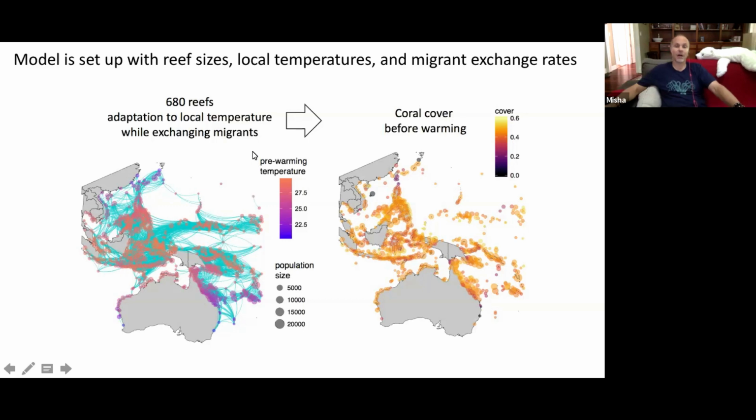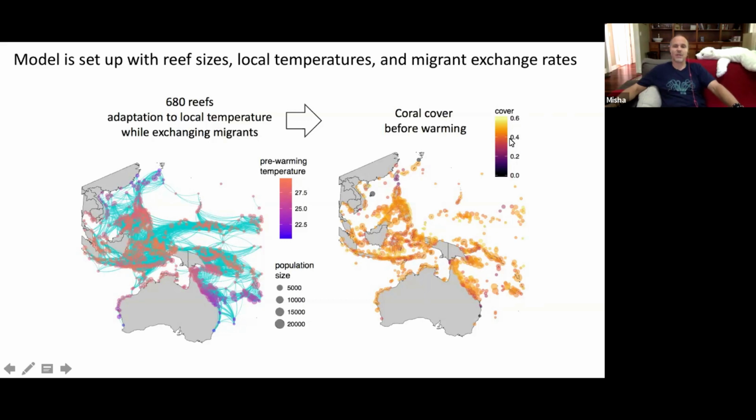And we let the model run for a very long time to equilibrate genetically, and we end up with the situation where you will have this map with mostly yellow reefs. This means it's good. Coral cover is about 0.6, which is kind of normal.